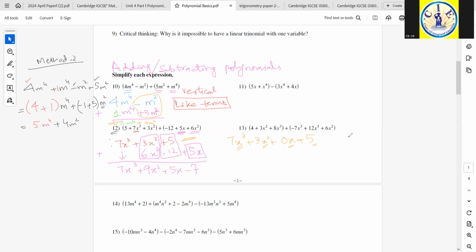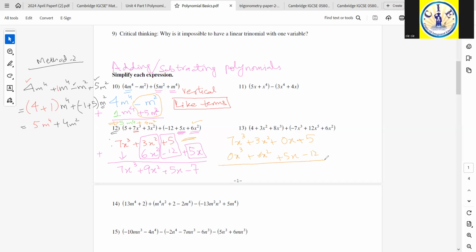So this is the sequence that you are following. Then doing the same way for the next polynomial, this is 0x cubed, then plus 6x squared, then 5x, and then minus 12.